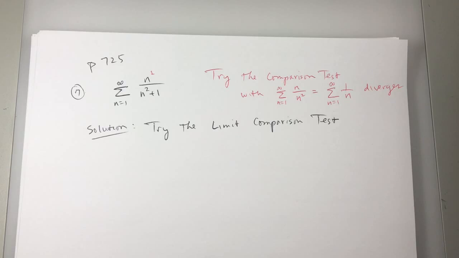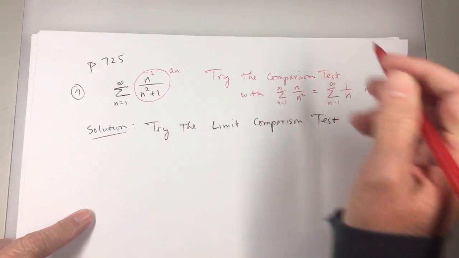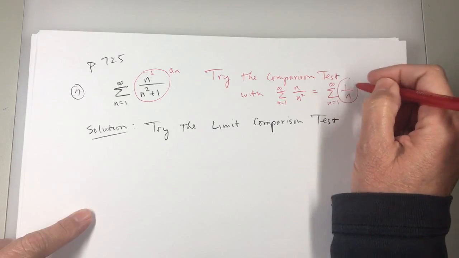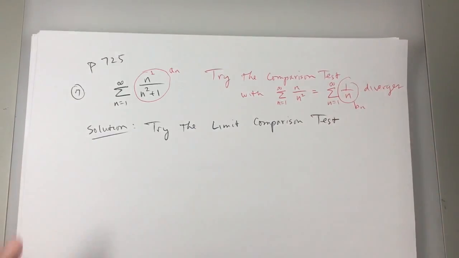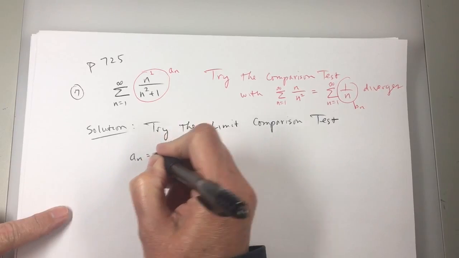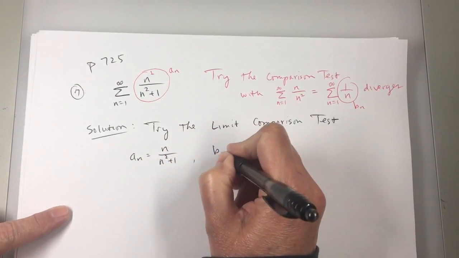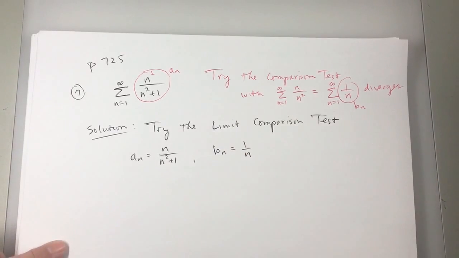And the limit comparison test tells me I'm going to take a limit of, here I'm going to call this one a sub n. For the limit comparison test, this would be the b sub n. So a sub n is n over n squared plus 1. B sub n is 1 over n.